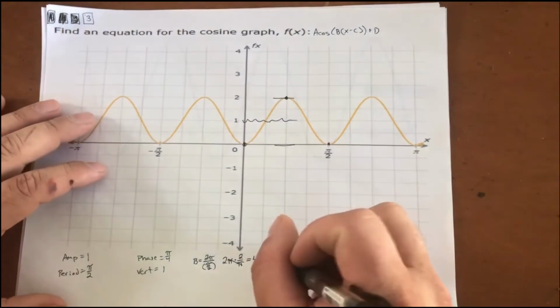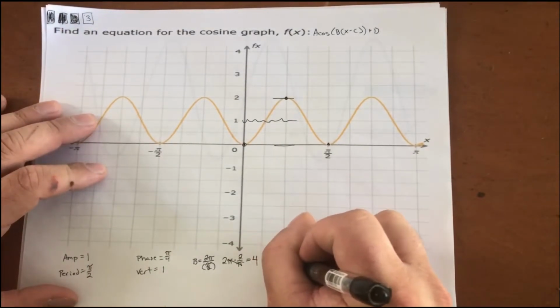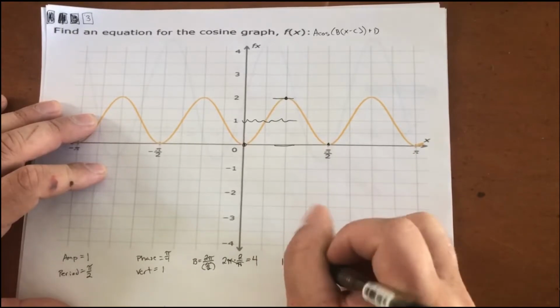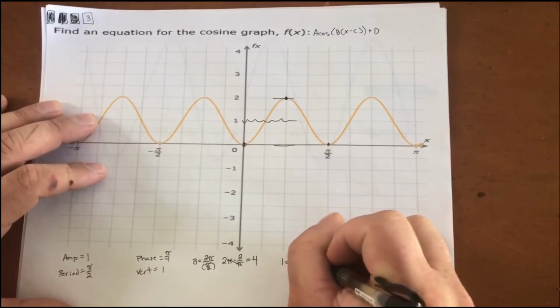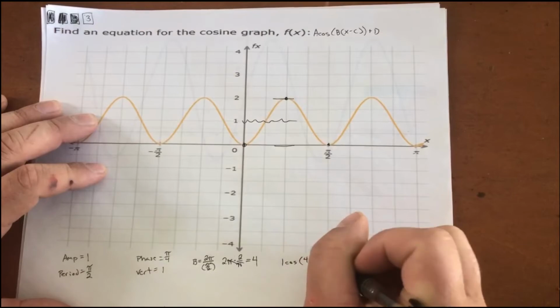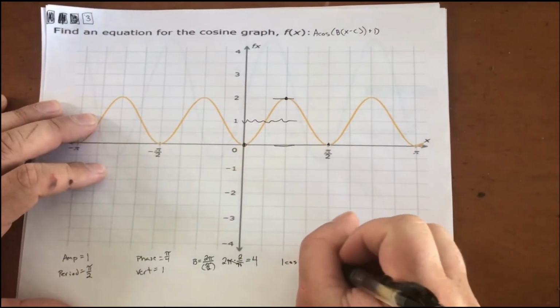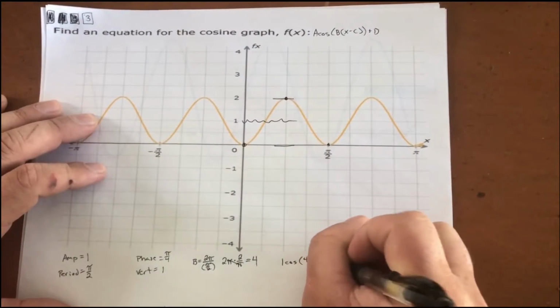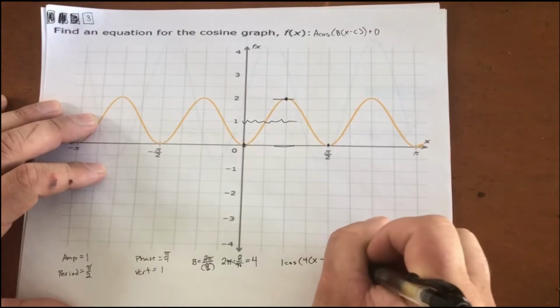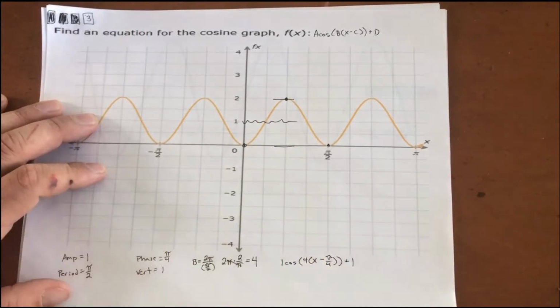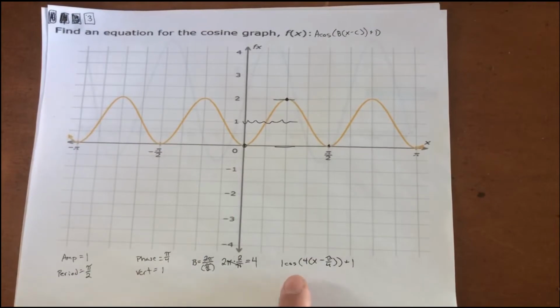So I can plug in. A is 1 times the cosine of B, which is 4, parentheses x. Now this is to the right, so it's going to be minus pi over 4, parentheses, plus 1. Once I've solved this, I'm going to end up distributing that 4, and that's going to change what it looks like inside the parentheses.